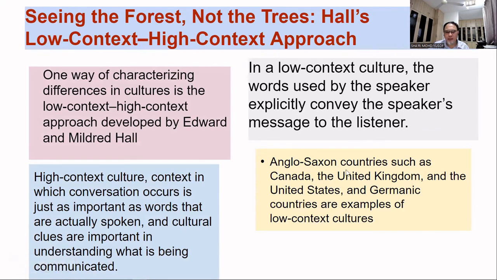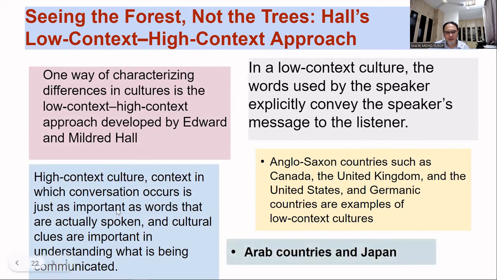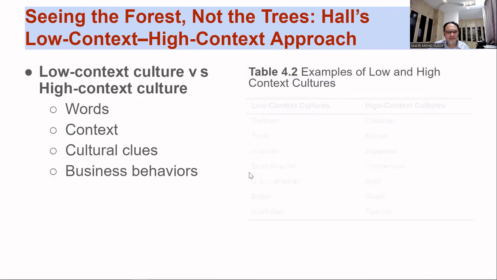For example, Anglo-Saxon countries are low context cultures. They just speak their mind. But in a high context culture like Arab countries and Japan, there are things, not hidden, but things which you need to read, the fine lines.